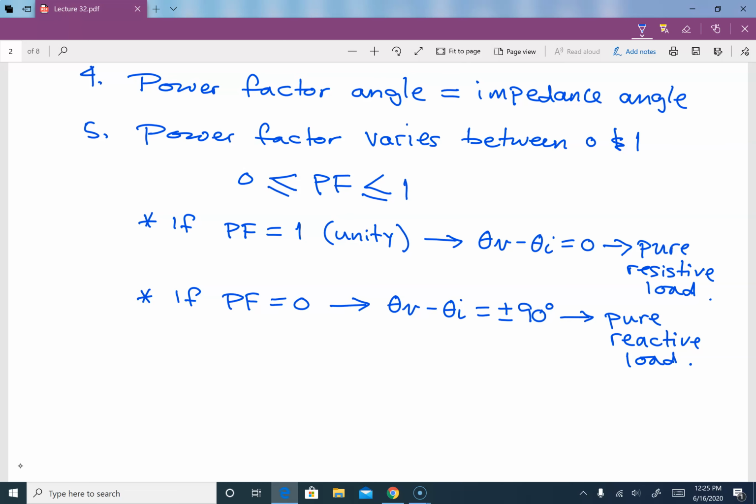So under this here, we do have the first case, that if theta V minus theta I is equal to positive 90 degrees, then we can say that is a pure inductive load.